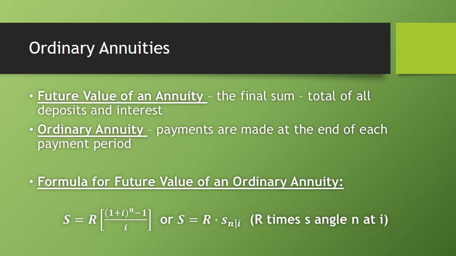A shorthand way of writing this is S equals R times S angle n at i. That's just a shorthand notation, so if you see that, it means the same thing as our formula. On the formula sheet, you will have the full formula.